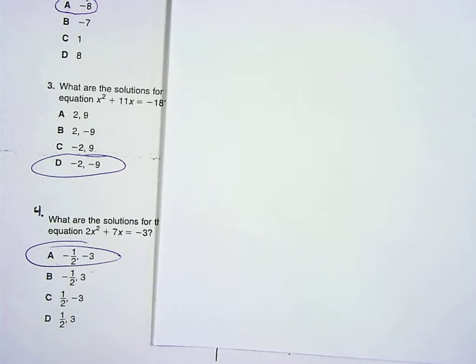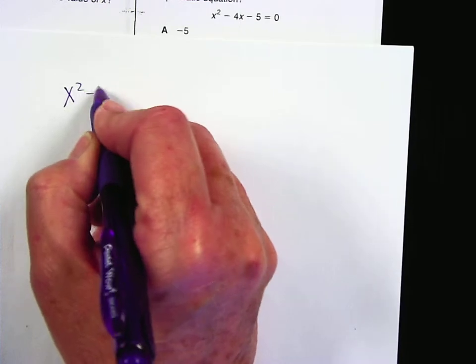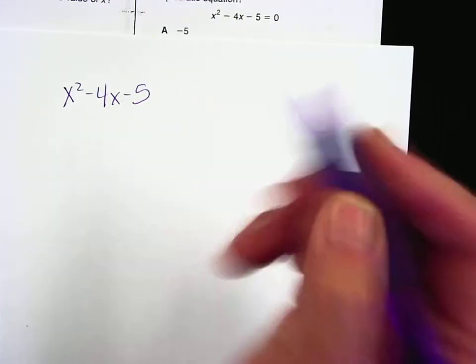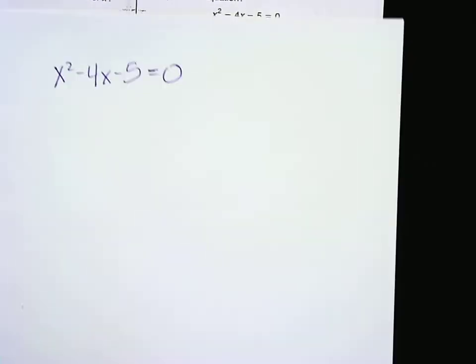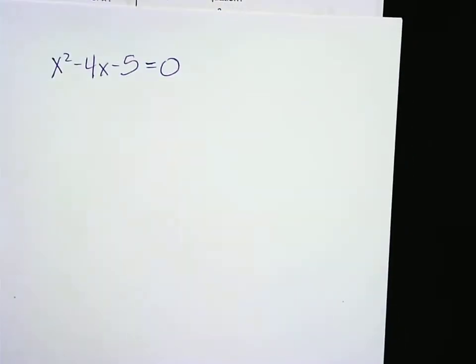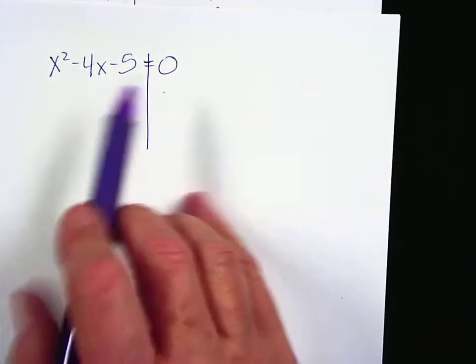Number 5. X squared minus 4x minus 5, and it's asking for one of the solutions. Probably has two solutions. Most of them do, but they're only asking for one of them. Oh, that's easy. It's in standard form. Y is 0. Going to factor it.